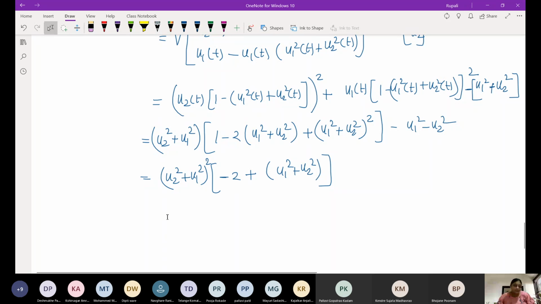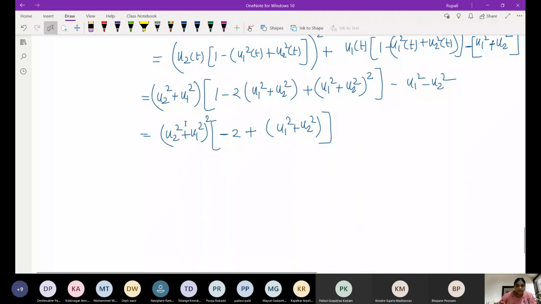Check this. We can take u1 square plus u2 square as common. You can simplify this later also, and check. You will get u2 square plus u1 square, bracket square, minus 2 plus u1 square plus u2 square.